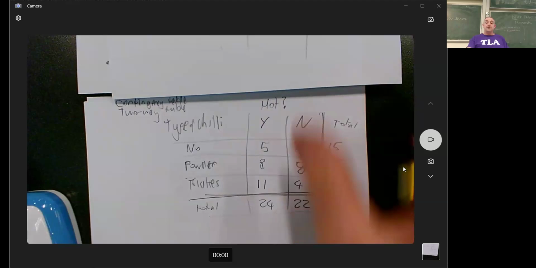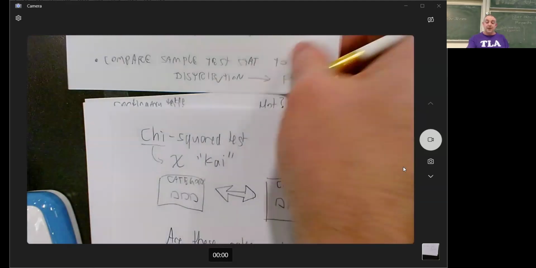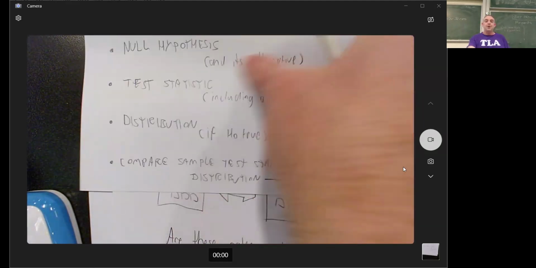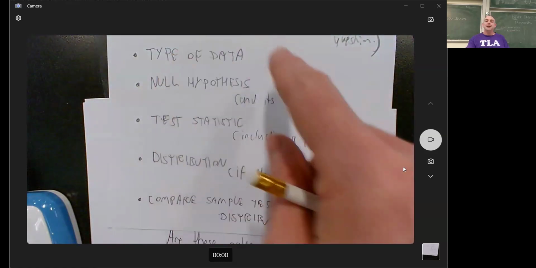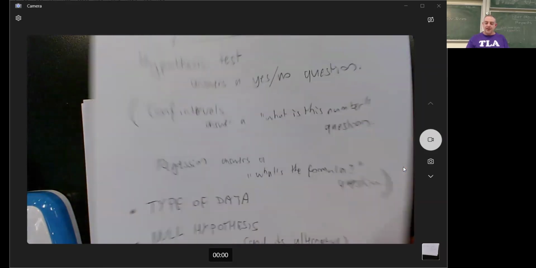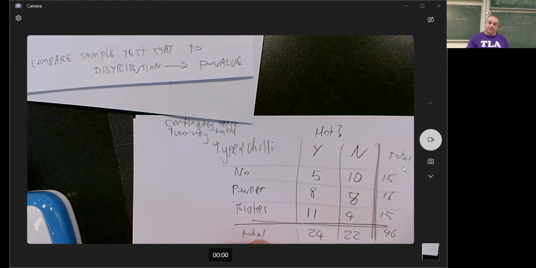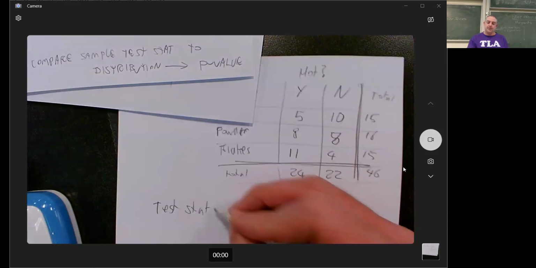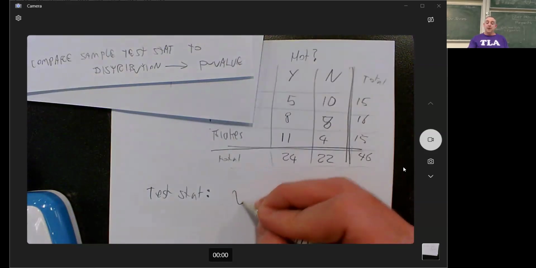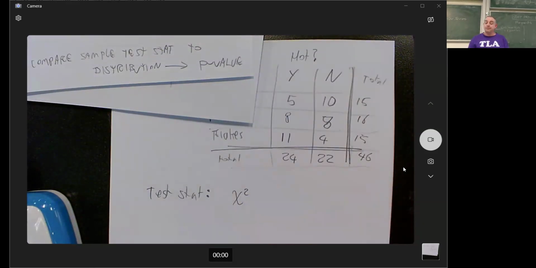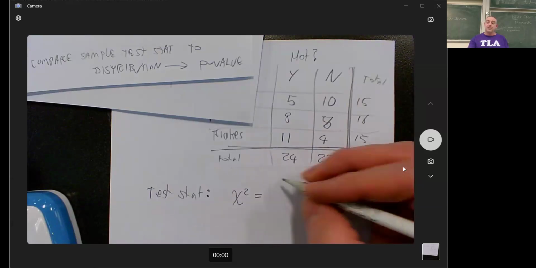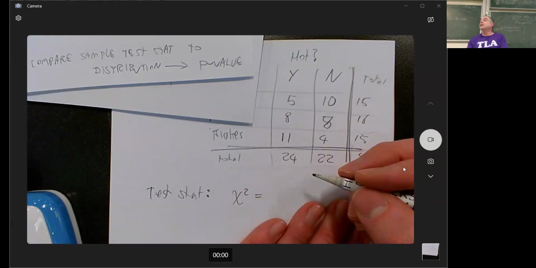So that's the data. I'm up to this point here. I've got what the data looks like. I've got a null hypothesis. The next thing is a test statistic. The test statistic is a chi-squared. And it's equal to, and it doesn't have a formula.